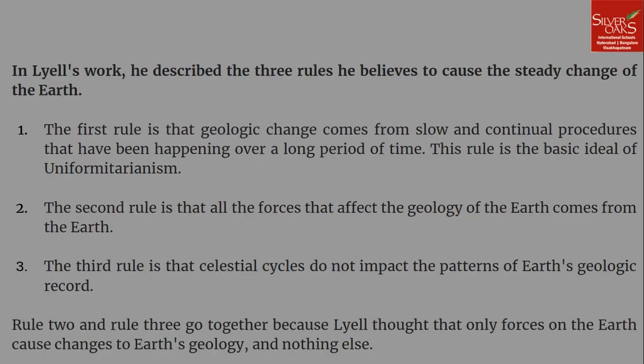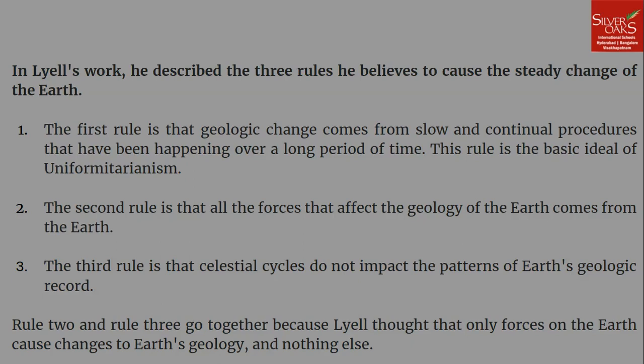In Lyell's work, he described the three rules he believed to cause the steady change of the earth. The first rule is that geologic change comes from the slow and continual procedures that have been happening over a long period of time. This rule is the basic ideal of uniformitarianism.